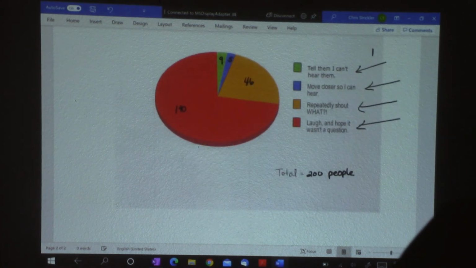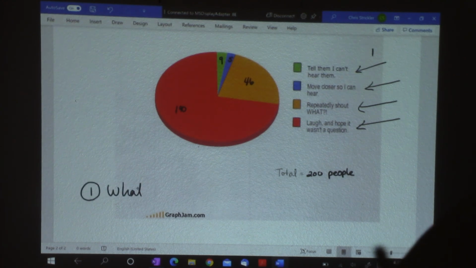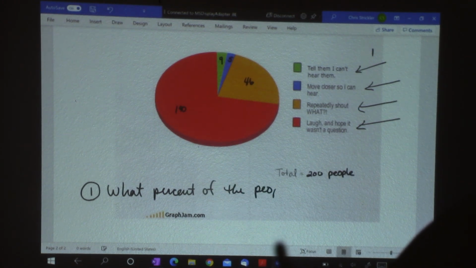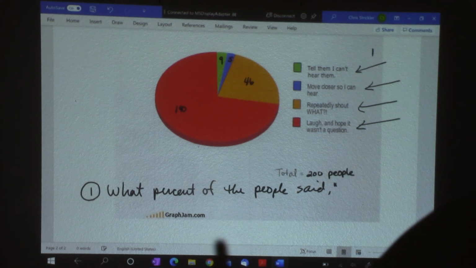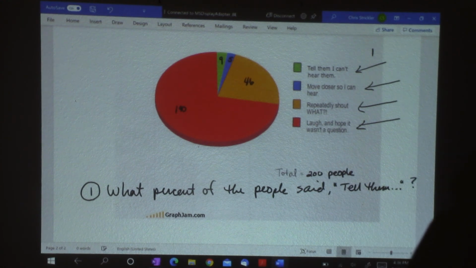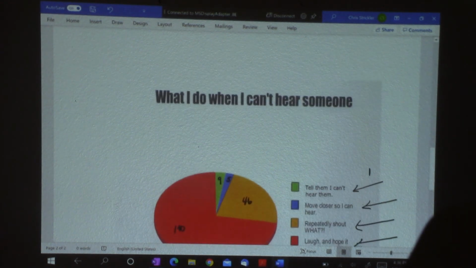So the question is, number 1, what percent of the people said, tell them I can't hear them, the green response. What percent of the people said that's what you tell someone when you can't hear them?